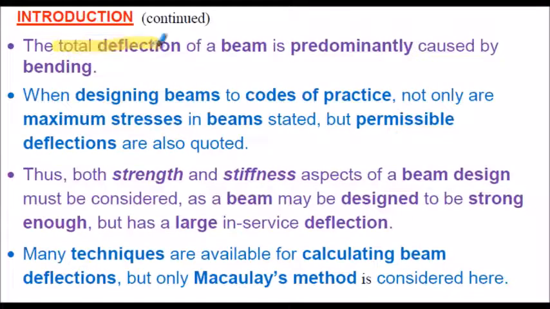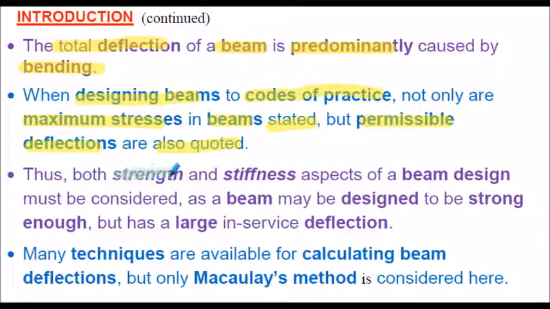The total deflection of a beam is predominantly caused by bending. There can be shear deflections in beams, but it's usually the bending effect that gives the largest deflection. When designing beams to various codes of practice, not only are maximum stresses in the beams stated, but permissible deflections are also often quoted, particularly within the structural industry, for example.